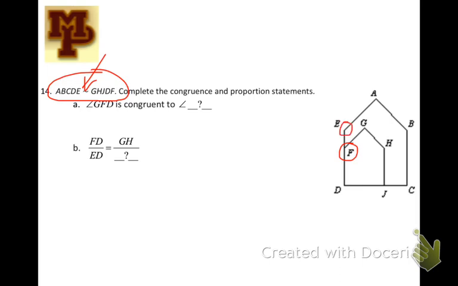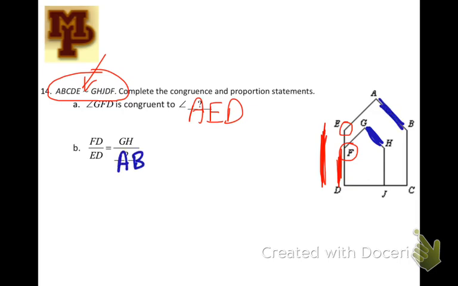So that would be angle AED. And then the next statement is comparing corresponding sides. So FD, that's this side, over the ED, the bigger length, would be equal to GH, and then you could compare it with this side. So then we just say AB, again, corresponding sides.